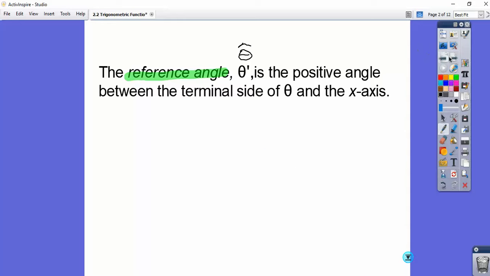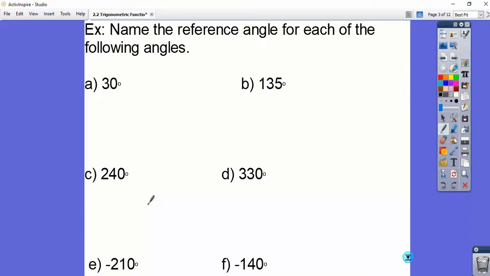Let's just jump right in. I think it'll make more sense if I just do it in examples. So we're going to give the reference angle for each of these. First one, if I'm talking about 30 degrees, the reference angle is just the distance from that angle to the x-axis. So if I were to draw this, we know all of these are angles in standard position. 30 degrees is still between 0 and 90.